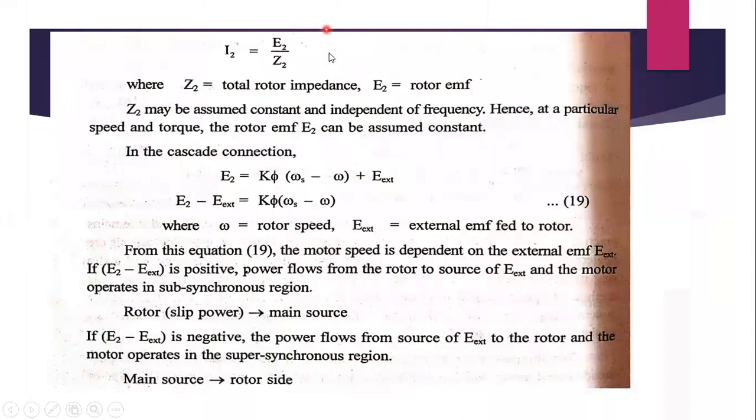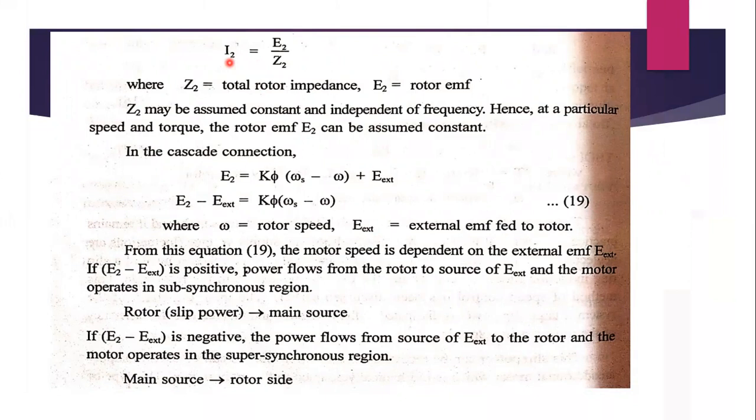This is the I2 current flowing into the rotor of a slip ring induction motor. Try to focus on this theory: when the motor is operated at constant input voltage, the flux remains constant.